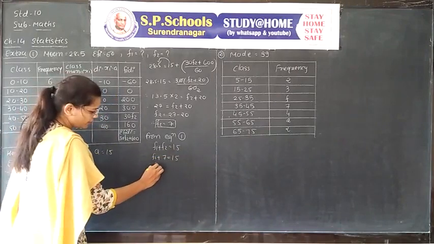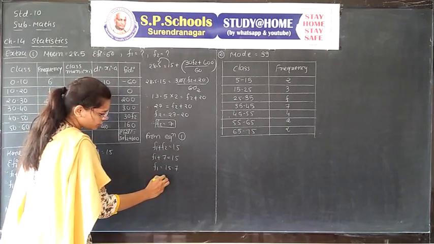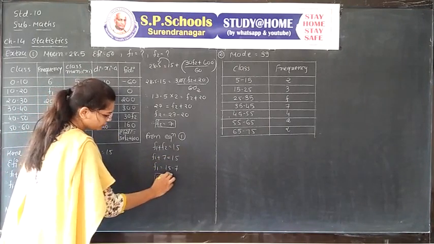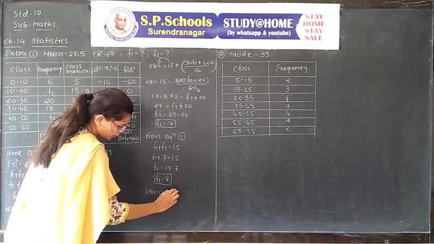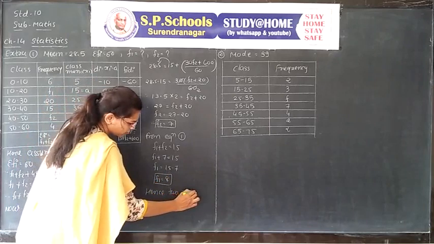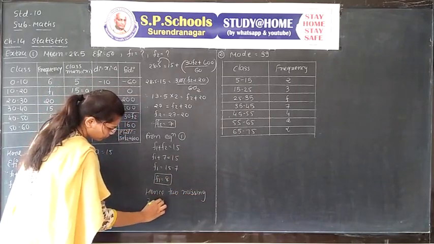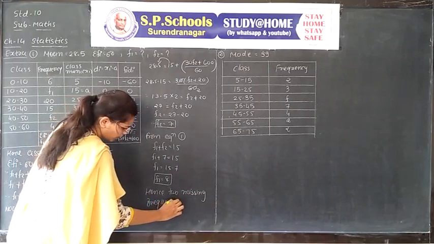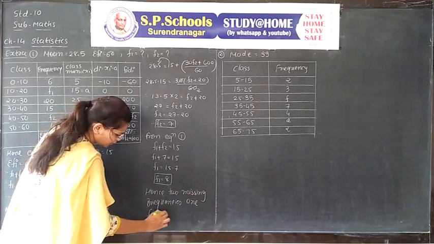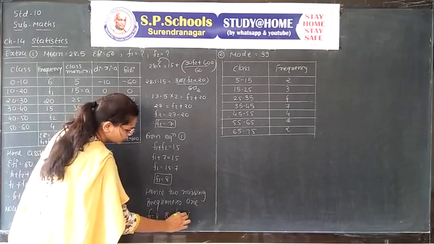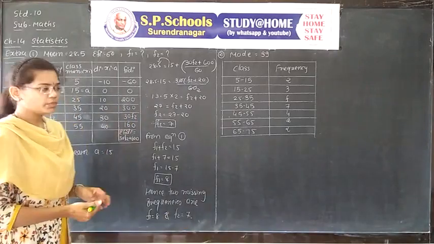Now making F1 the subject, 15 minus 7, F1 is equal to 8 here. Hence, the two missing frequencies are F1 is equal to 8 and F2 is equal to 7. Two missing frequencies are obtained here.